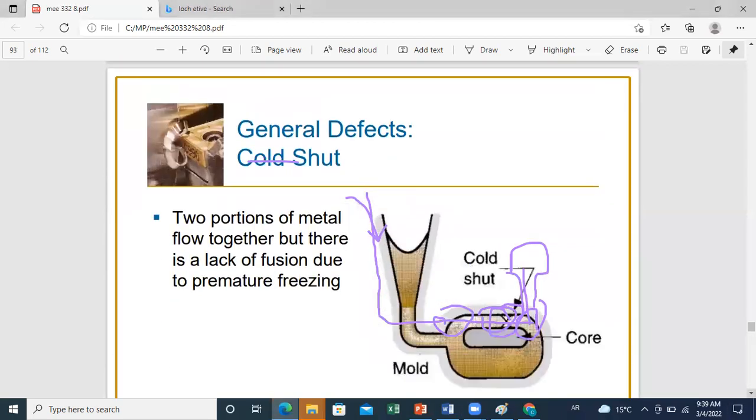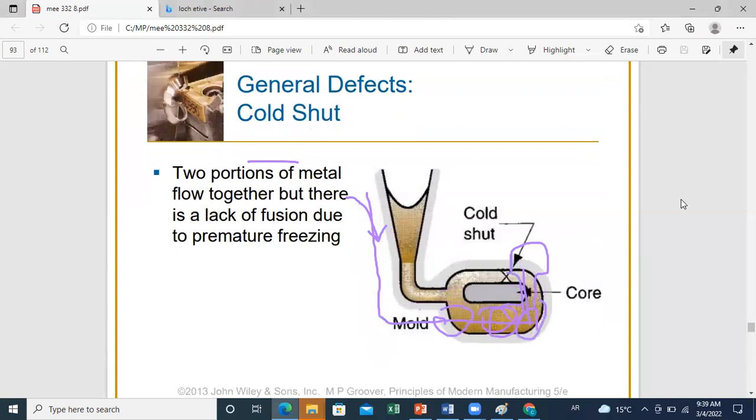Another type of defects is the cold shot. We already mentioned that near walls we have more heat transfer and we can have solidification that is faster than the other parts. Here, for example, you have two portions of metal flowing together, but there is a lack of fusion due to premature freezing.